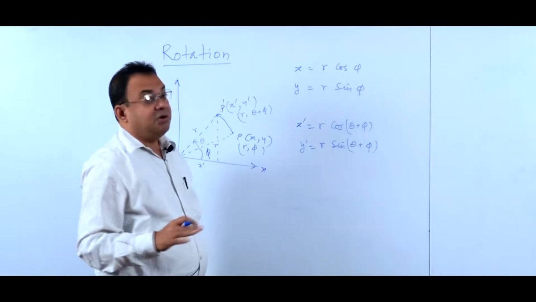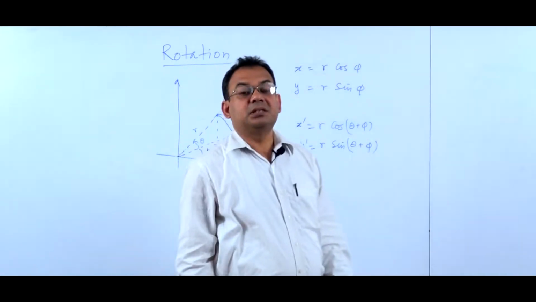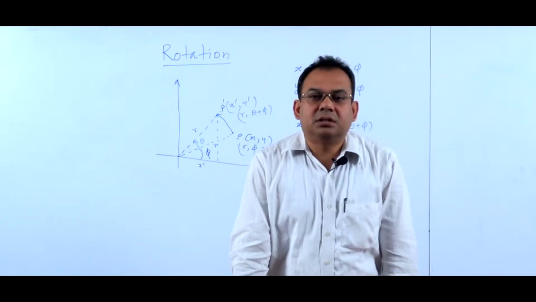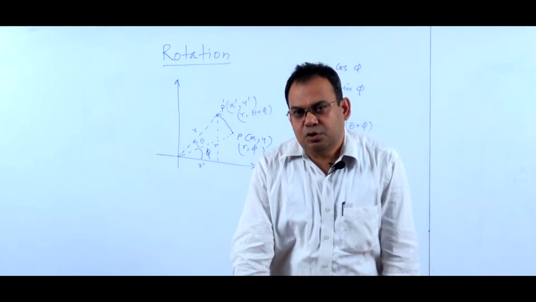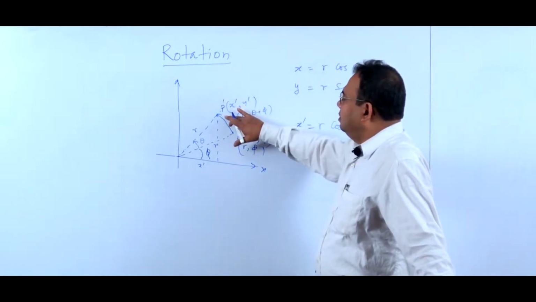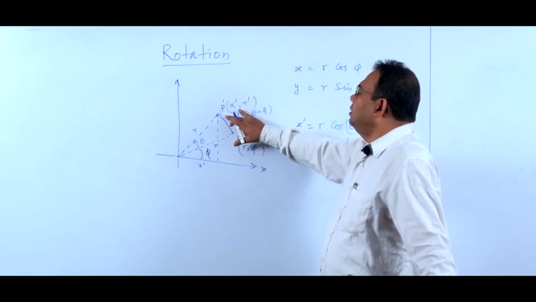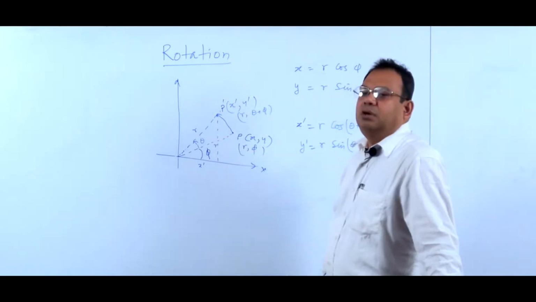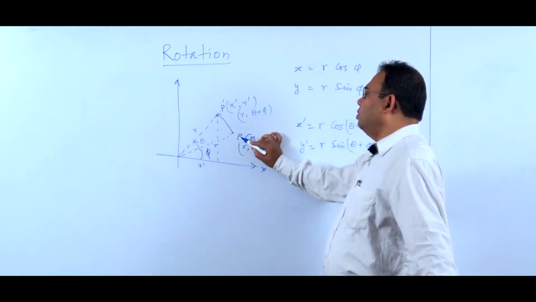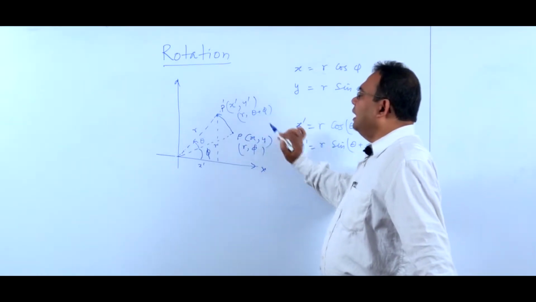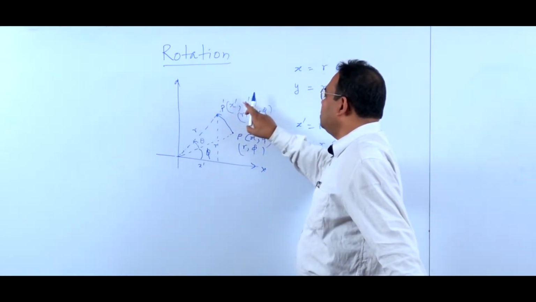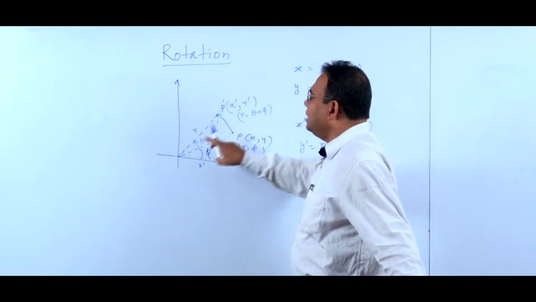Now our objective is to express the new positions P dashed in terms of known quantities, so that we can get the transformed points after the transformation. In this case, what are the known quantities? The initial object point x, y, and the angle of rotation. So we have to express this P, x dash y dash, in terms of x, y and theta.